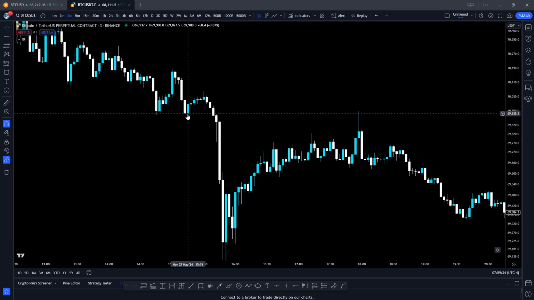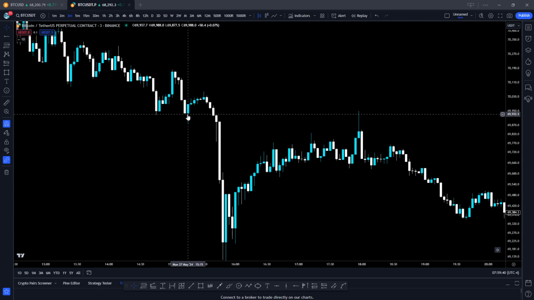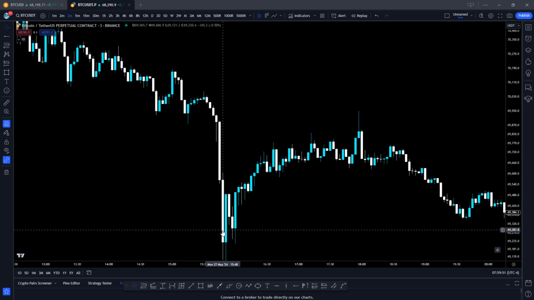There's also an order block right here. Or right here. No, right here. No, right here. This one right here. Why this one? Because these are the last up move candles before the big move down.